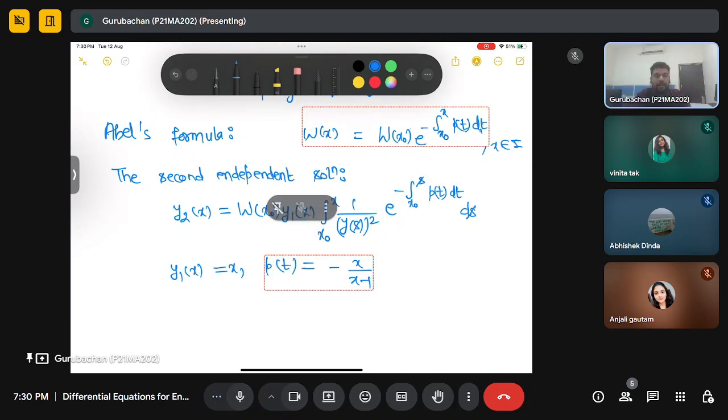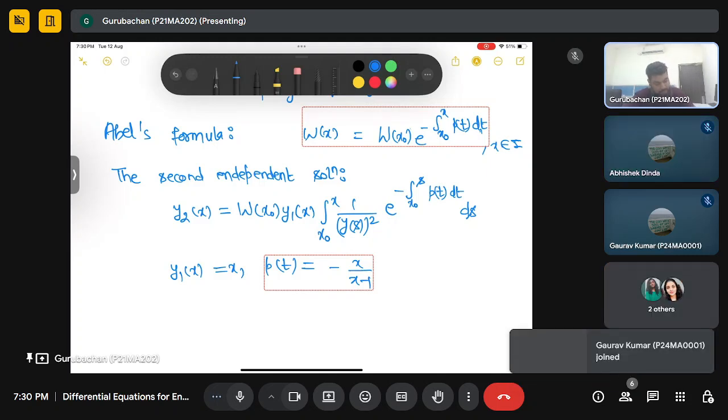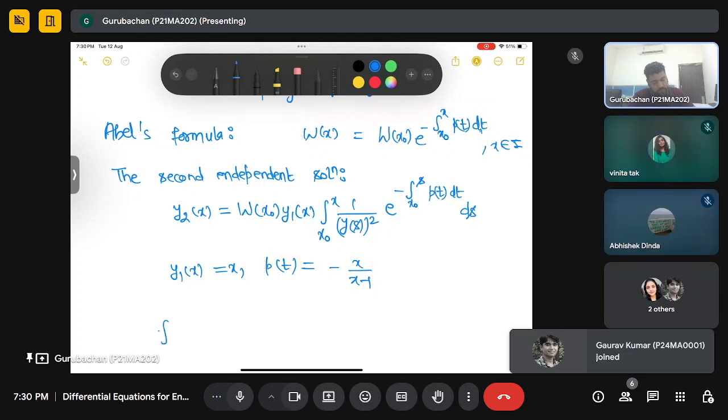So you get y2(x) in the simplest form. First of all, we will simply solve this factor.